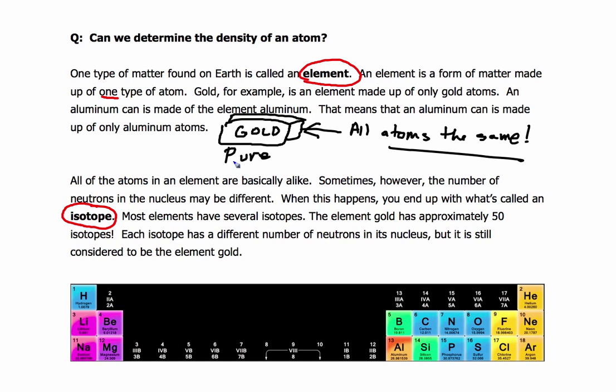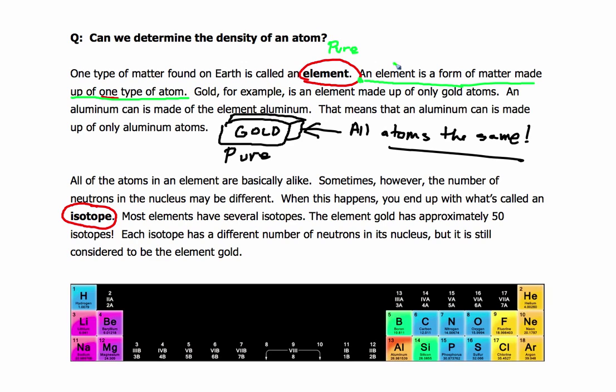So let's make some sense here, and let's get some things written down. Get your green marking pencil. So an element, and let's just write here pure. A pure element is an element made up of one type of atom. So this is a substance that's made up of one type of atom.